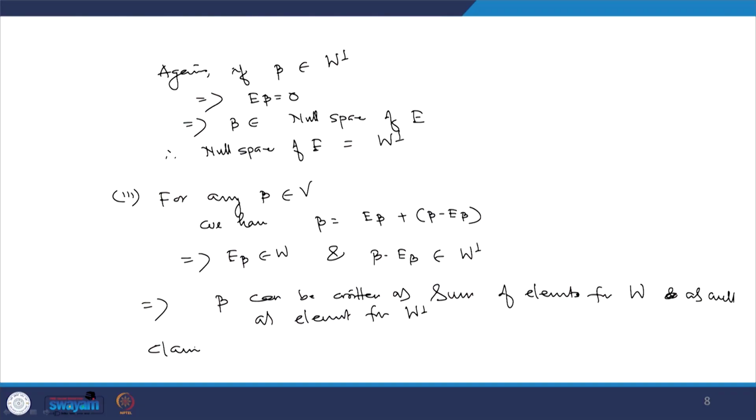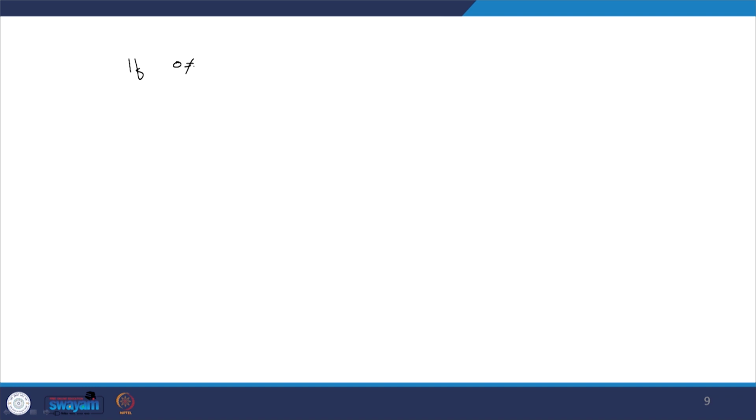So, now I want to show W intersection W complement equal to 0 subspace. Suppose not, if 0 not equal to alpha belongs to W intersection W complement. So, this implies inner product of alpha and alpha equal to 0, since alpha belongs to W and so alpha is orthogonal to itself.